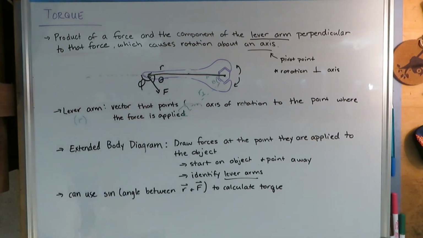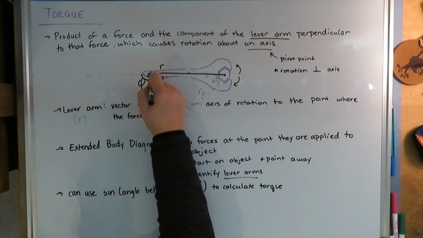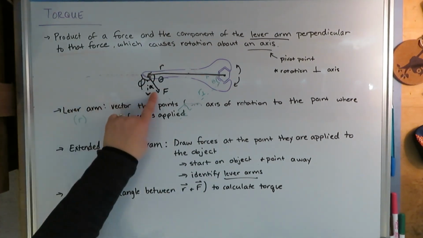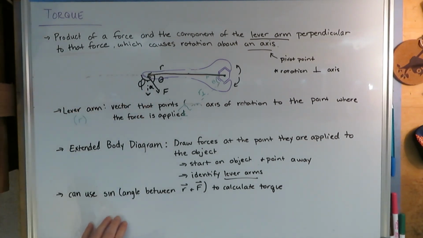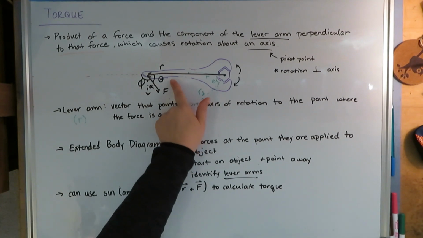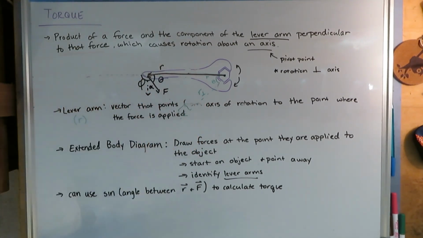So if I was given those, but if I was given this angle right here, that angle is not the angle between R and F, so I cannot use sine. So I can use sine for this angle theta, I can use sine for this angle phi, but this angle alpha would not work. It would not give me the correct value.